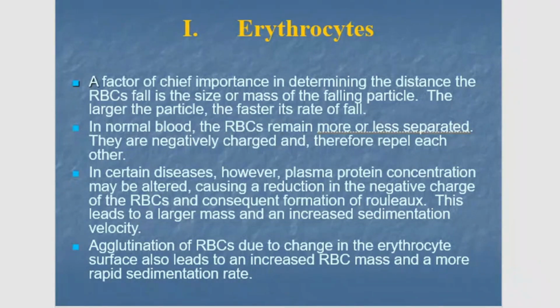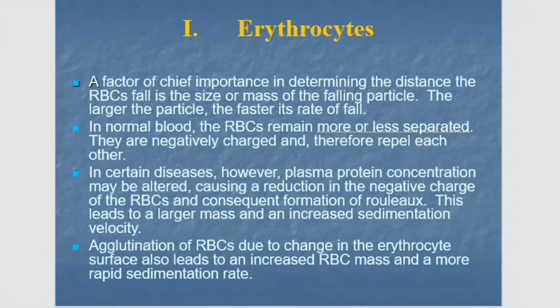Agglutination of red blood cells means they join one to another due to changes in the erythrocyte surface. How is that surface changing? There is a reduction in the negative charge. When there is a change on the membrane, it leads to increased RBC mass and a more rapid sedimentation rate.